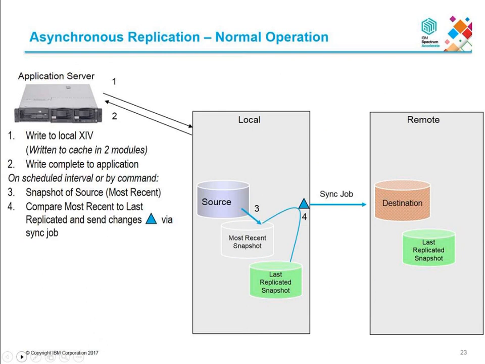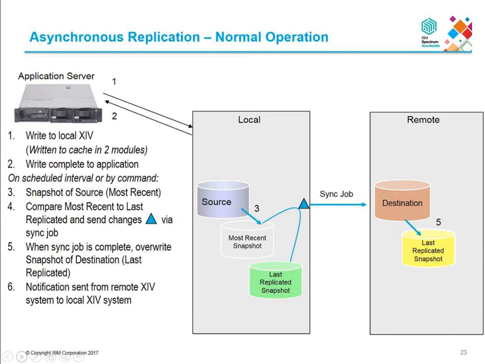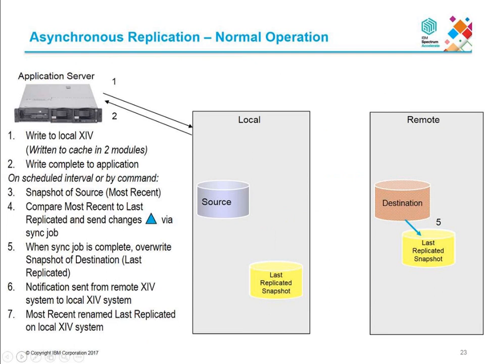Calculate the differences. Send those to the destination. Overwrite the last replicated with a new snapshot. Notify the primary. Then again, it deletes the last replicated and renames most recent to last replicated. So my recovery point is always this last replicated snapshot, and the box makes sure that the last replicated snapshot is always the same between the two boxes.